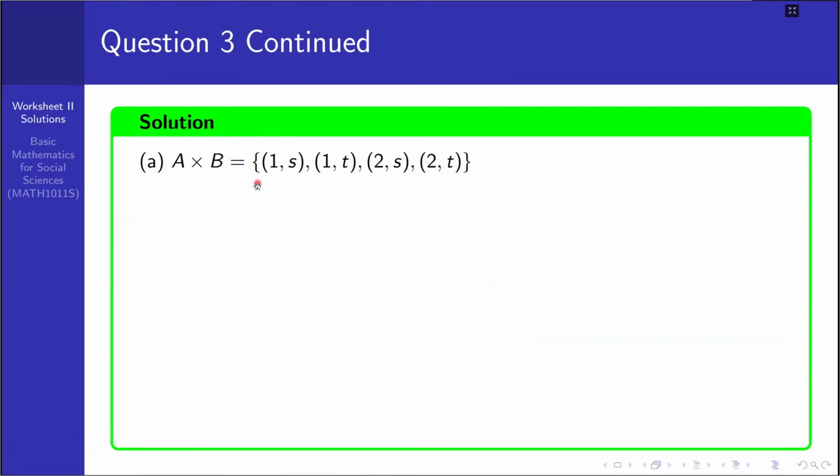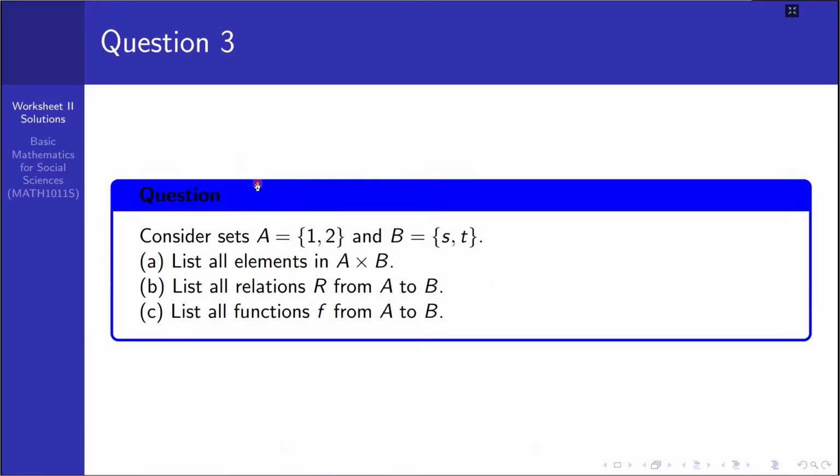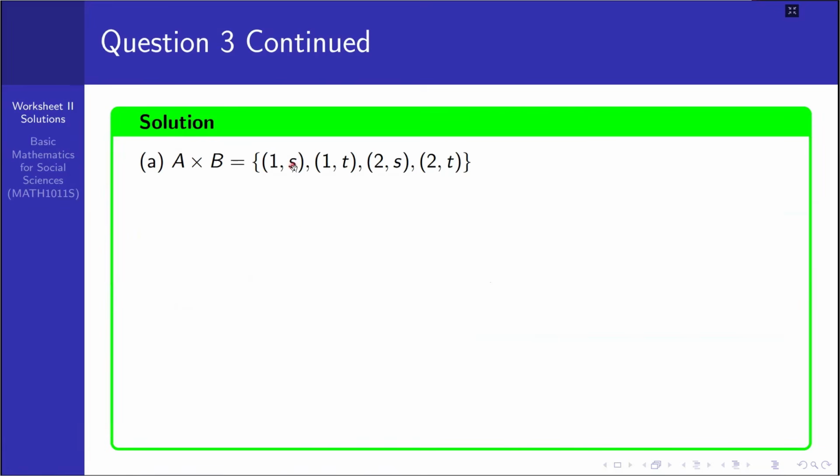The elements of A are 1 and 2 and the elements of B are S and T, so that 1 can be combined with both elements of B, that is S and T, so that we have 1S, 1T, and 2S and 2T. Therefore, 1S, 1T, 2S, and 2T is the cross product of the two sets A and B.